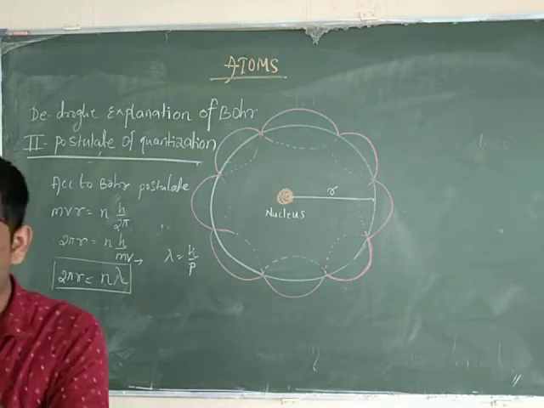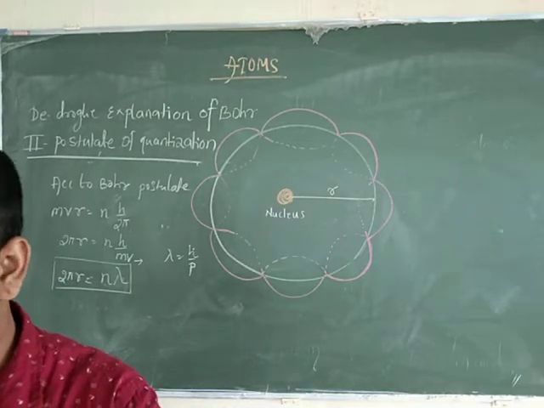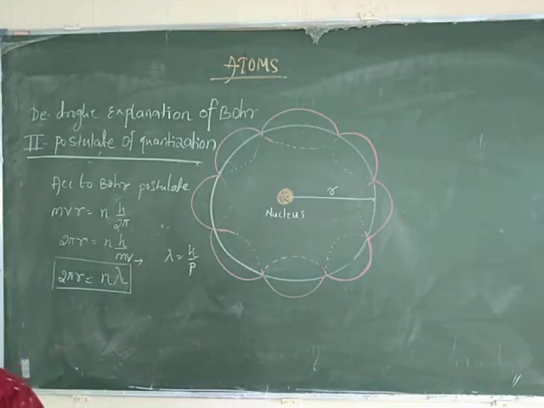This is a very important point given by de Broglie. What does it mean here? According to de Broglie, the circumference of the orbit of an electron is equal to an integral multiple of the electron wavelength.